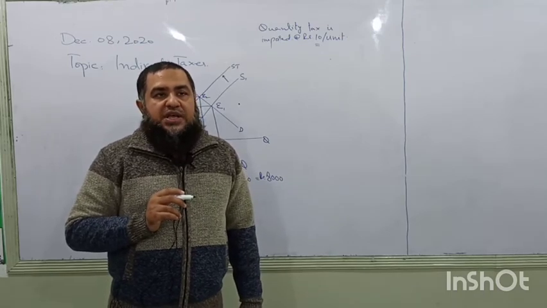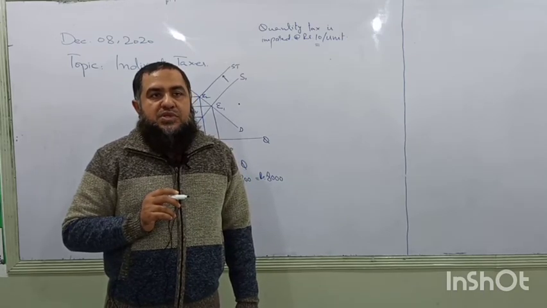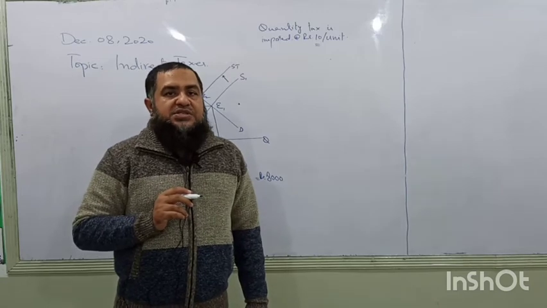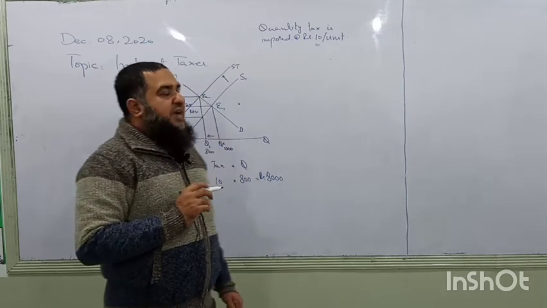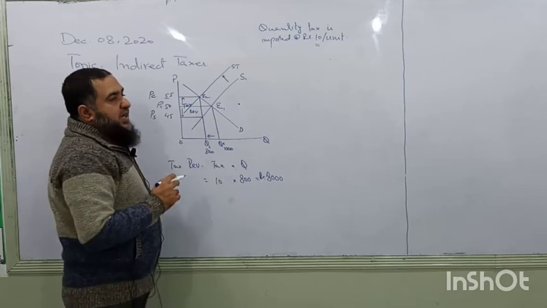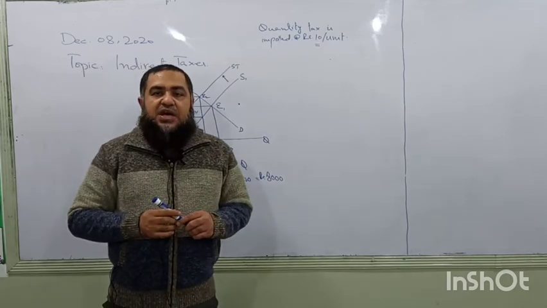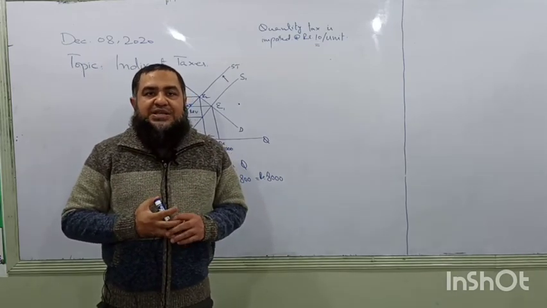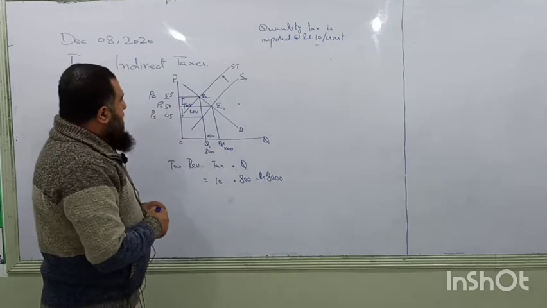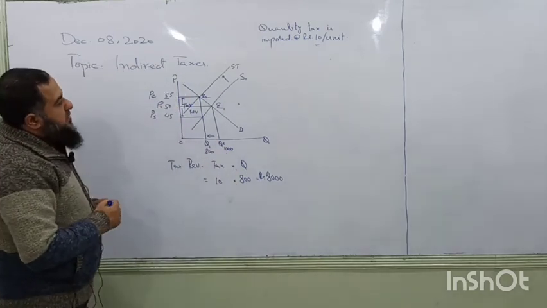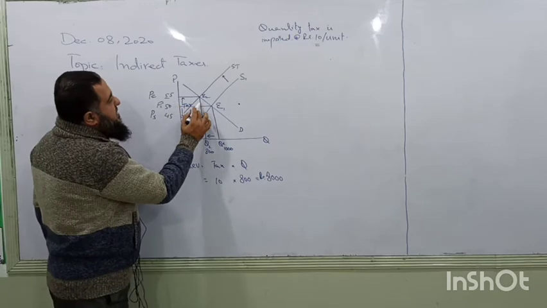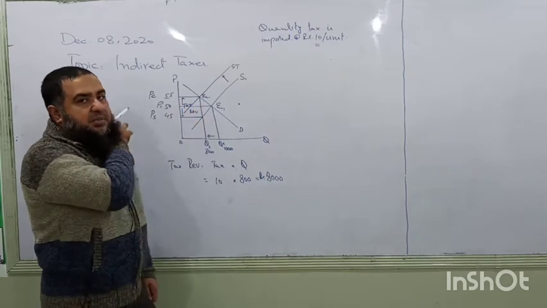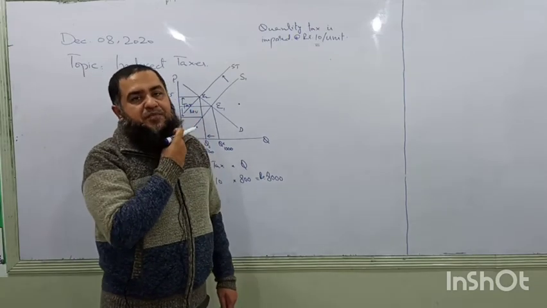The loss in consumer surplus or the consumer welfare. We know that the area under the demand curve tells us the total consumer surplus. How much is the fall in total consumer surplus? Keep it in mind, this rectangle was taken by the government in the form of tax revenue.